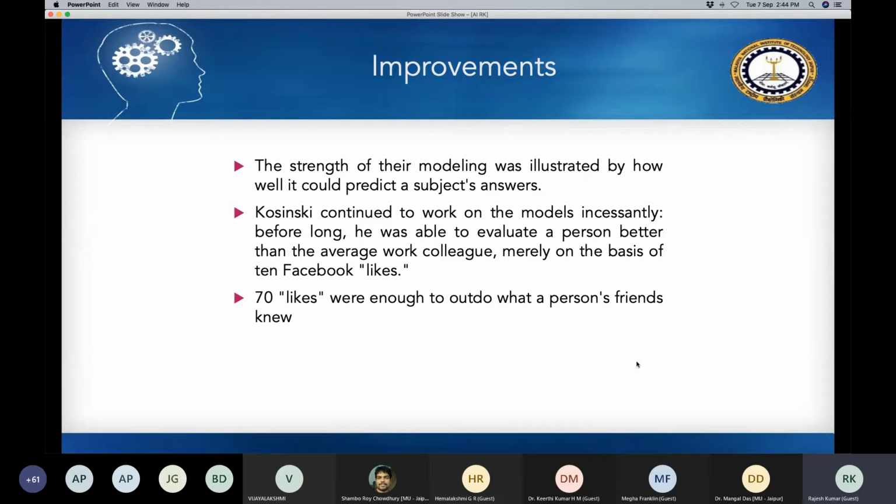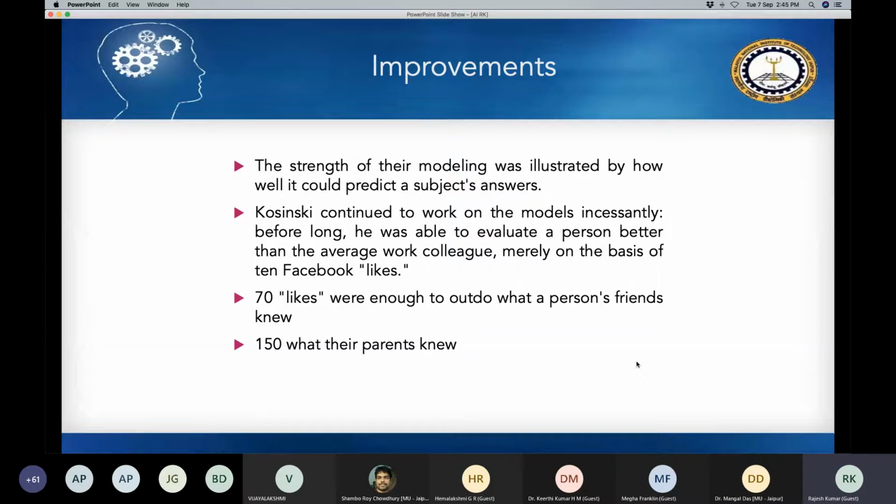If I want to understand something about a certain person, I need not talk to that person. What I can do is make a chain and try to find out who his friend is and who his friend is, and somewhere in the chain, if I find somebody who is my friend also, then it's very easy to connect the dots and find out what the behavior is and what type of person he is.